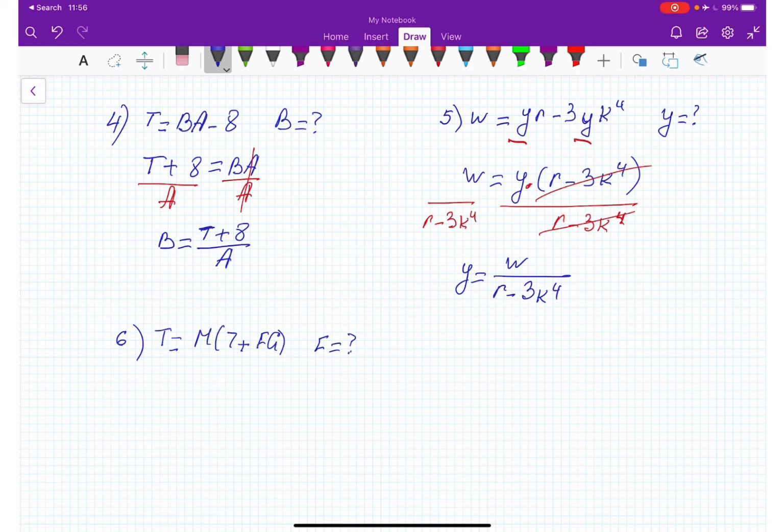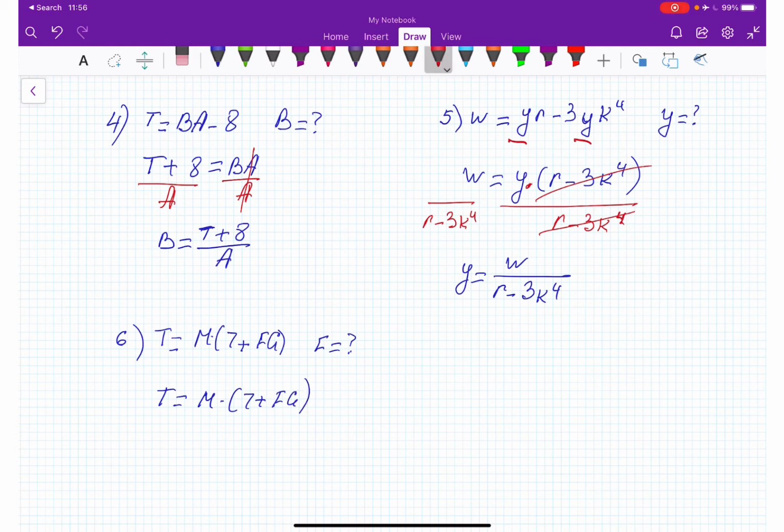To solve for f, first I'm going to get rid of this m. So t is equal to m times (7 plus fg).